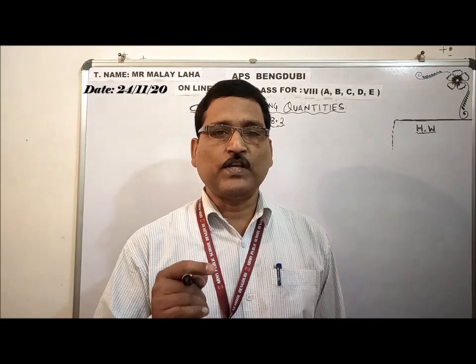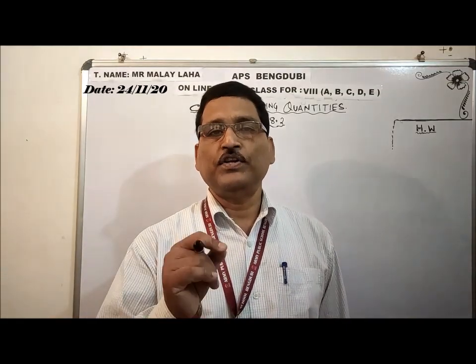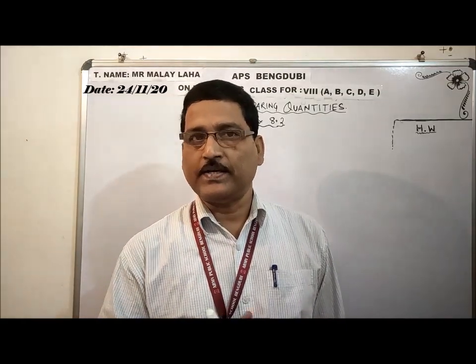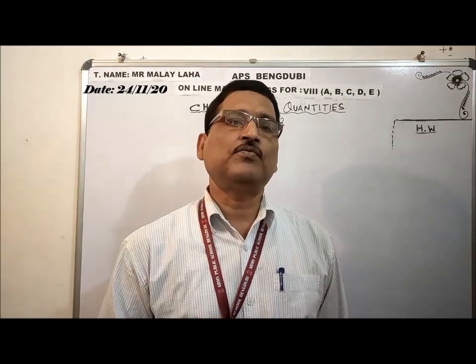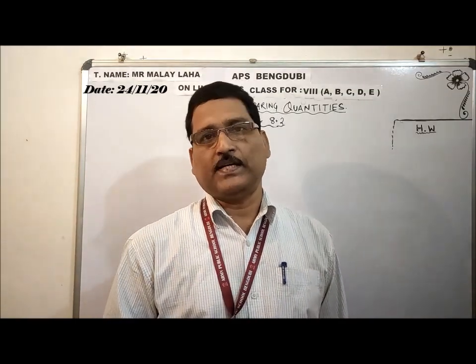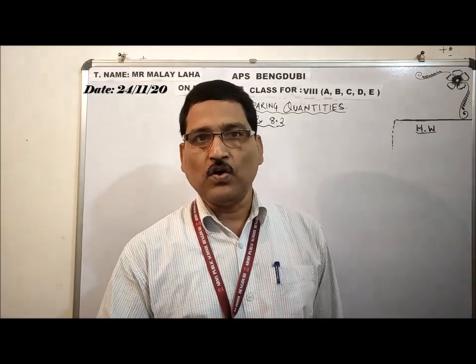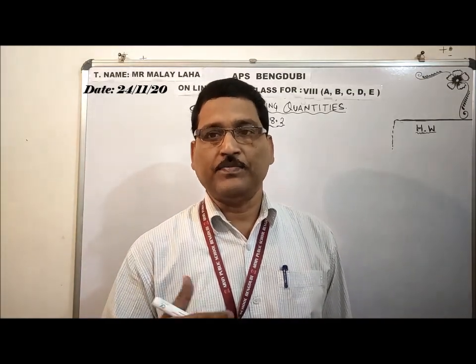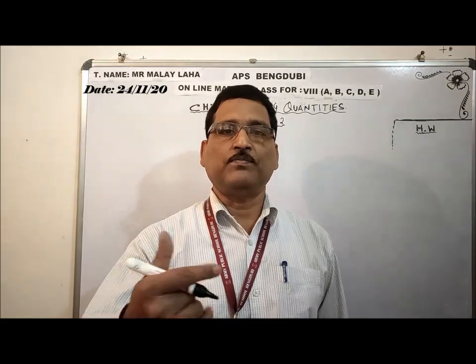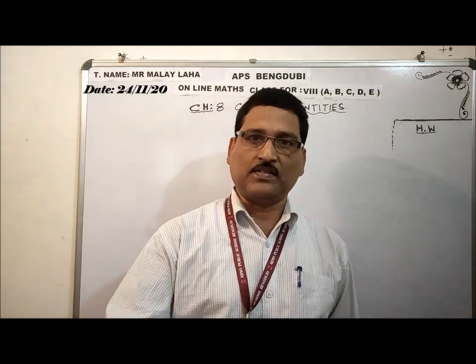Are you clear? Anyhow you need to find the cost price by calculation, and the SP by calculation. After that you will make out whether it is a loss or profit, and how much loss or profit, and the percentage.